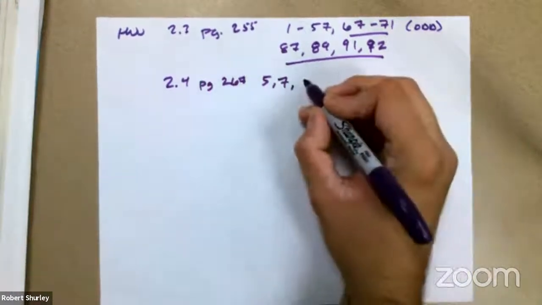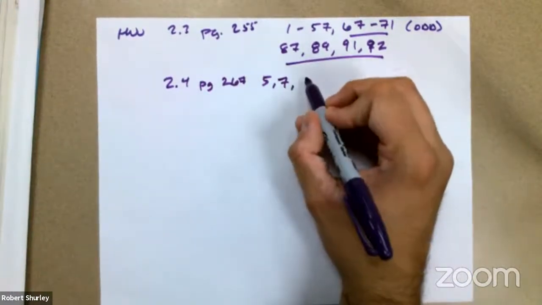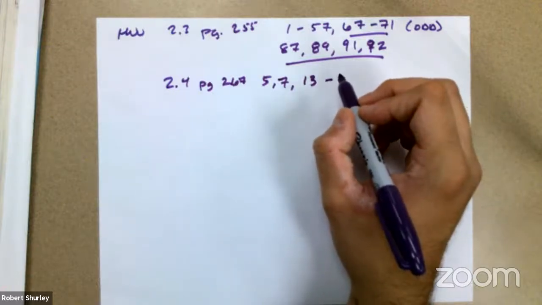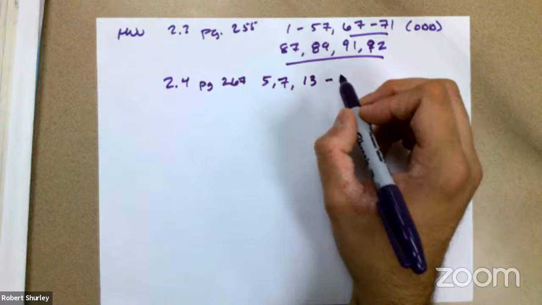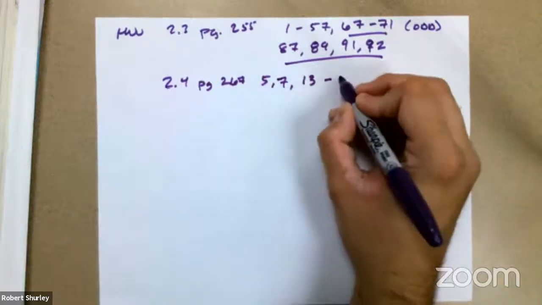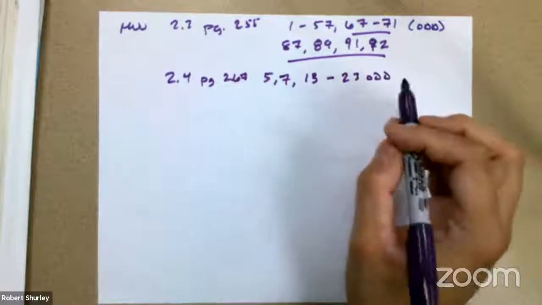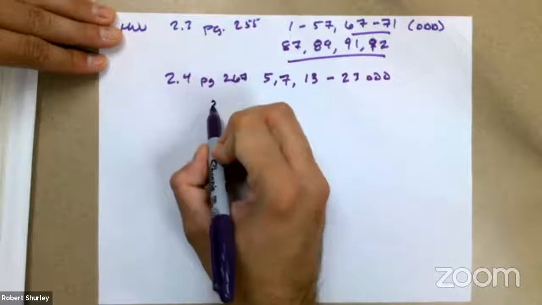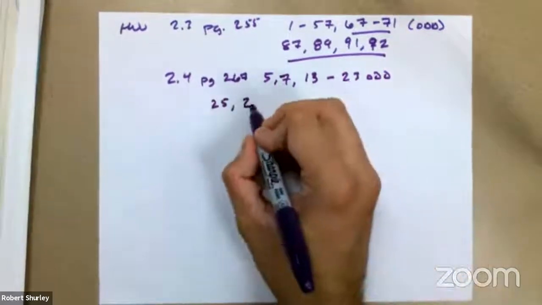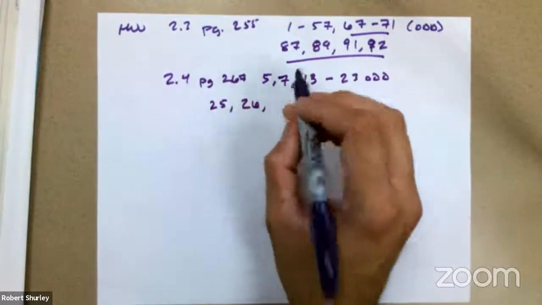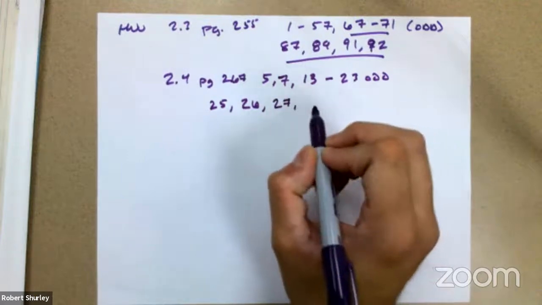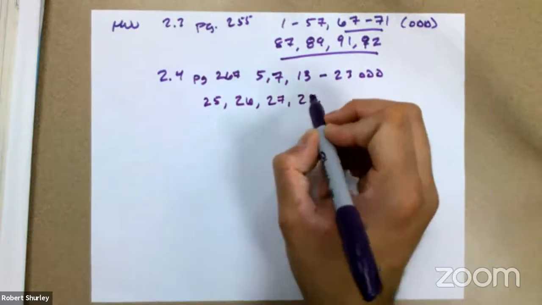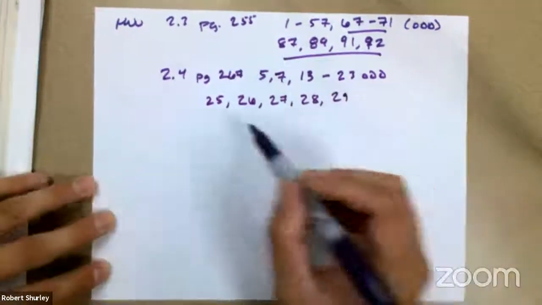Oh no, yeah, they do. 5, 7, and then 13 through 23 odd. And I'm going to pull out some real world ones. 25, 26, 27, 28, and 29. Okay. So check those.